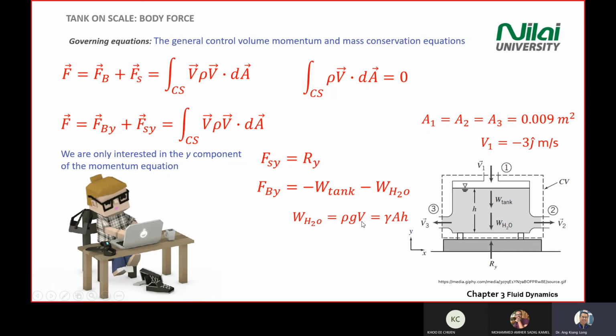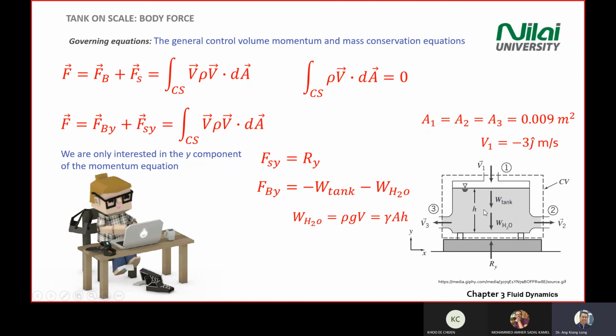And just to recap, there's another definition: if you take rho times g, you get the specific weight of the water. You can get this from Appendix A again, the properties of the water. At a specific temperature, you will get the rho of the water, and also there's a specific weight in the diagram. Sometimes the question will give you a specific weight to help you solve it, so you need to know the relationship: specific weight gamma equals rho g.